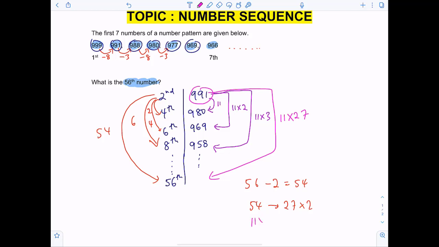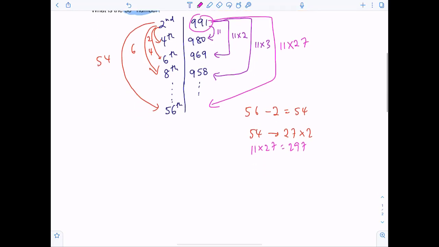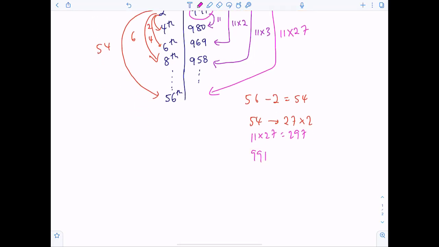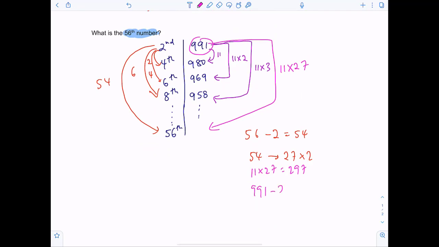So 11 times 27 is 297. Okay, so 991 minus 297 should give us our final answer of 694.